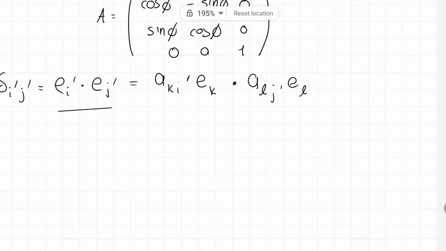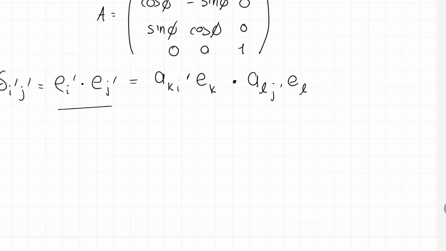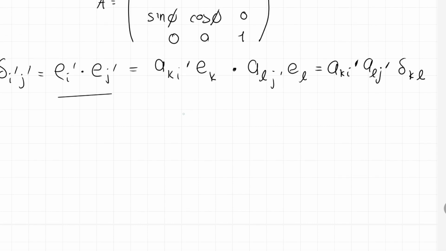Again, we have a dot product of orthonormal vectors, so that will be a Kronecker delta again. This is going to be equal to a k i prime a l j prime Kronecker delta k l.